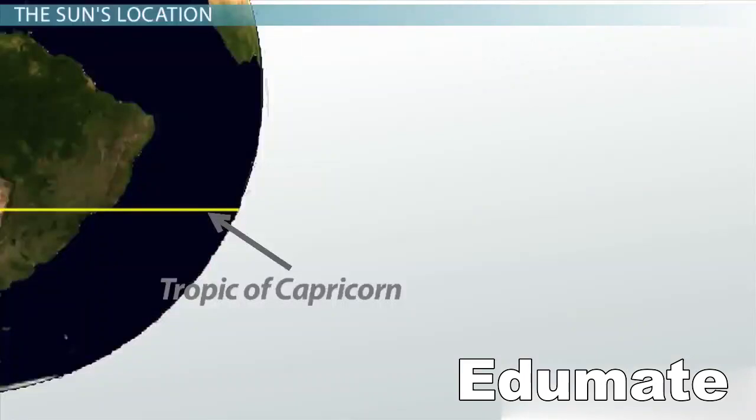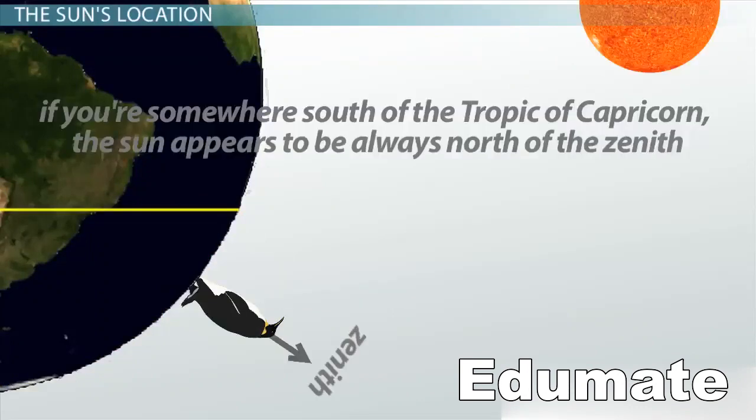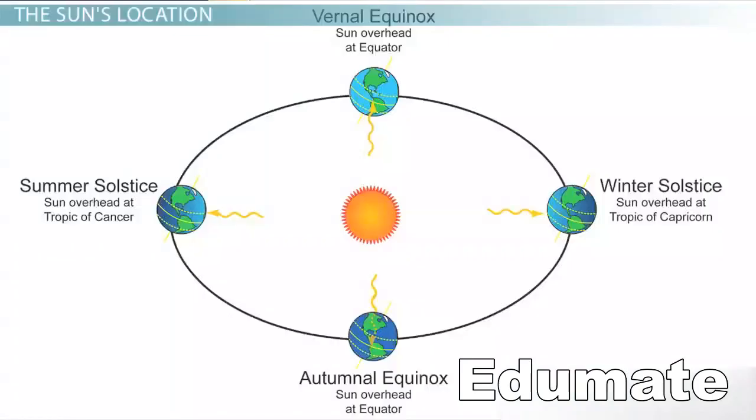On the other hand, the points on the Tropic of Capricorn are the southernmost points where the Sun can pass directly overhead. If you're somewhere south of the Tropic of Capricorn, the Sun appears to be always north of the zenith. And as you may have already guessed, on December 21st of each year, the Sun is directly overhead at noon on the Tropic of Capricorn, signaling the beginning of summer in the southern hemisphere.